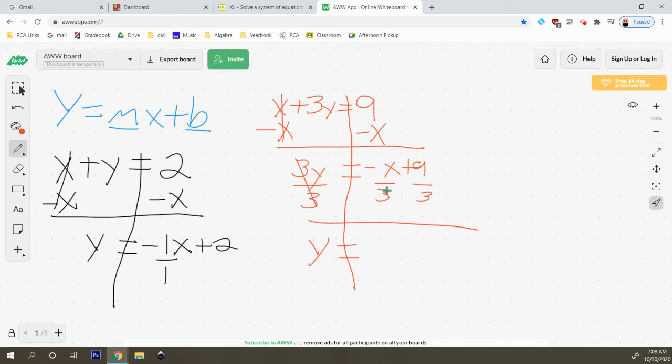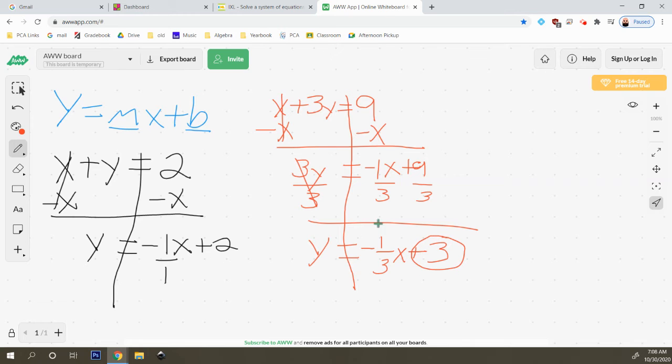Now, there needs to be a number right here because I'm trying to divide. Well, if there's no number, it's a 1. So I have negative 1 divided by 3. Well, I can't do that. So I'm going to leave it negative 1 divided by 3, or negative 1/3. Put my x back on it. Plus 9 divided by 3 is 3. Okay, we are in slope-intercept form now.